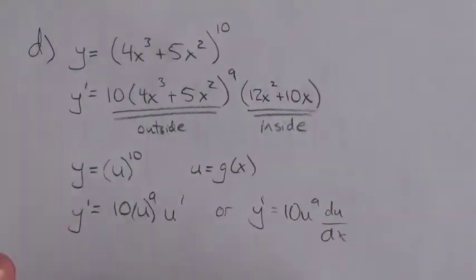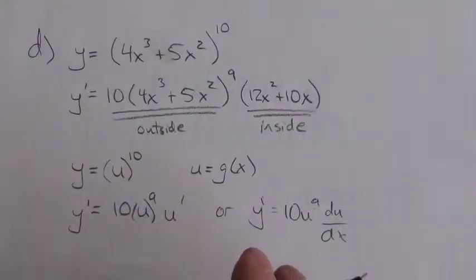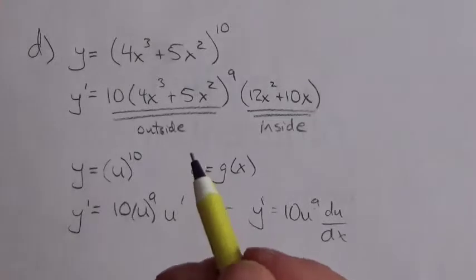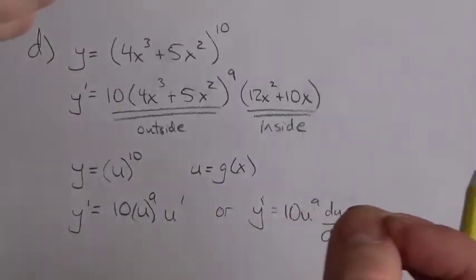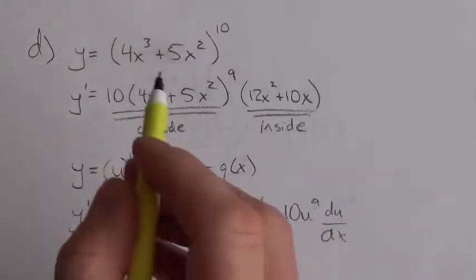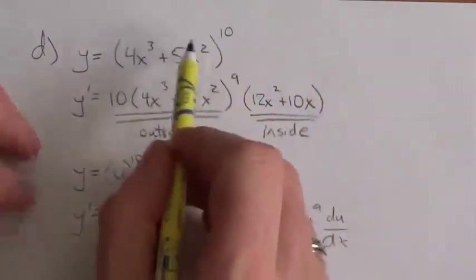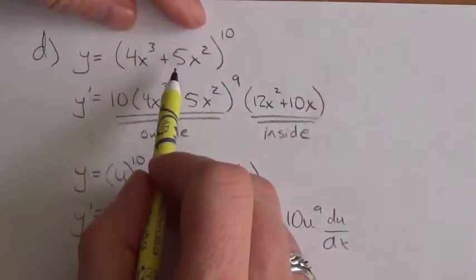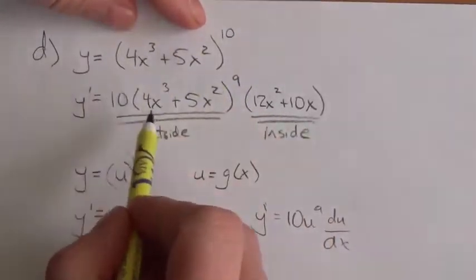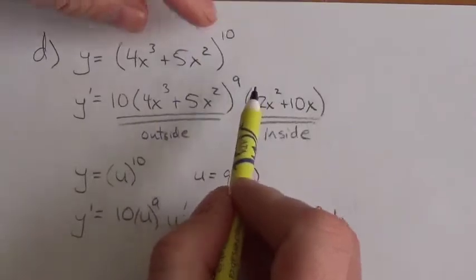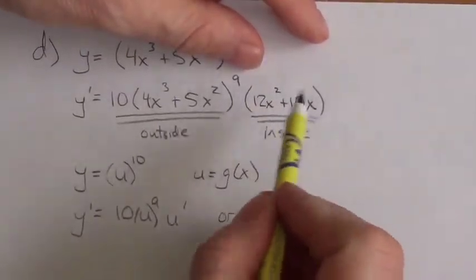Okay, this is the essence of implicit differentiation. When we know that there's a symbol in here that represents a function of x. So when you take the derivative, like right here, this is a function of x, but it's a nested function. I've got this outer function, I've got this inner function, I bring down the 10, inner function to the 9, multiplied by the derivative of the inner function.